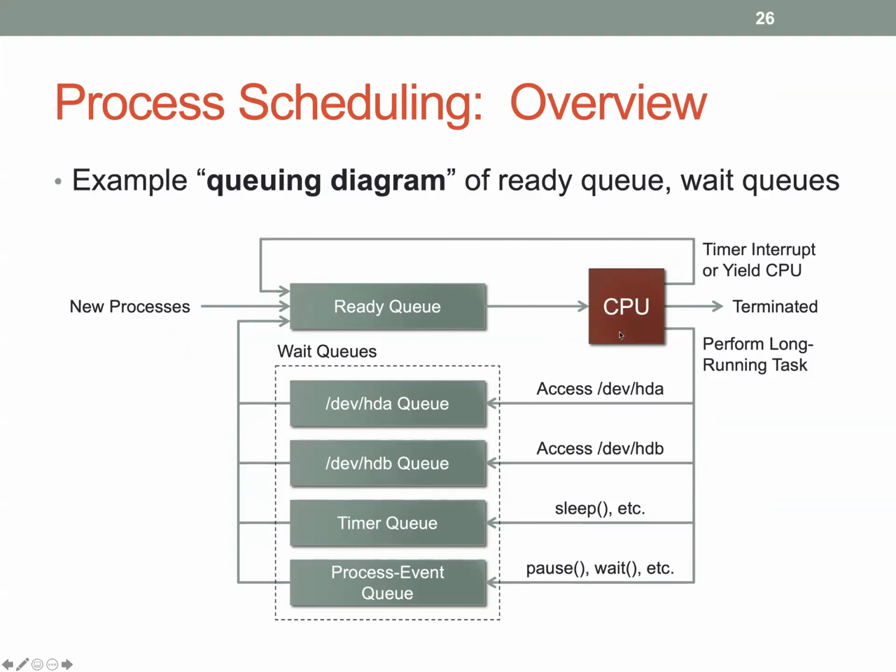If the process decides to do something slow, we trap back into the kernel, and the kernel will go ahead and put the process into a suitable queue after initializing the operation on behalf of the program. When some hardware interrupt occurs and the process is now able to proceed again, then the kernel will move the process out of the corresponding blocked queue back into the ready queue for execution.